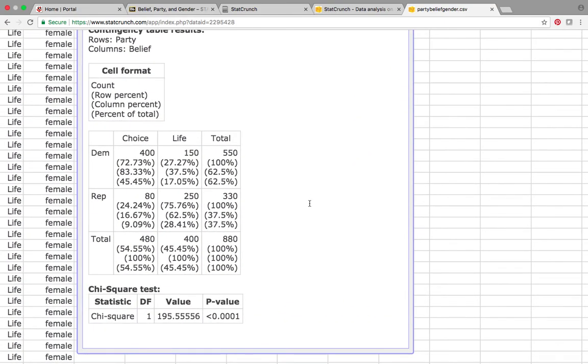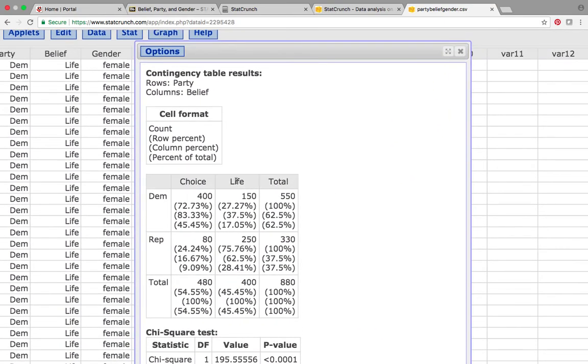I thought that would get larger. I can see that of pro-choice, pro-life versus Democrat and Republican, 400 out of the 880. So the count is 440. You can see that it gives you four things, and the cell format is provided here.